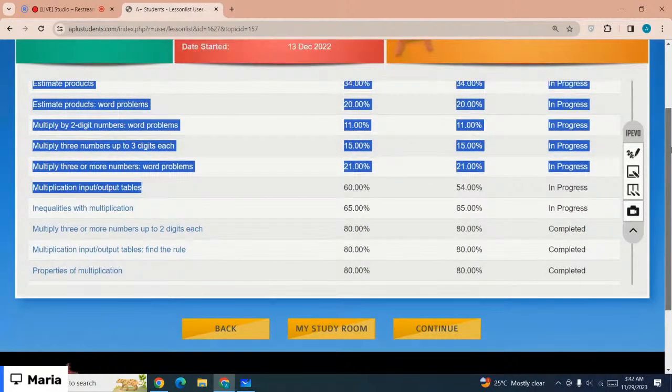You have to do word problems on your own, right? I haven't covered word problems. Multiply three numbers up to three digits each, multiply three or more numbers word problems, and multiplication input output tables, right?